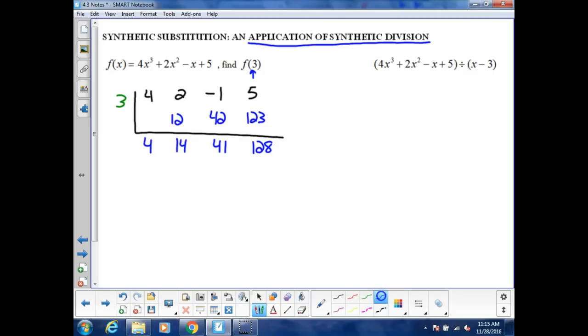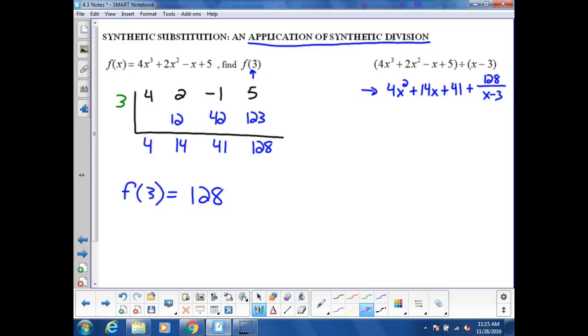So if I were dividing it, it would be 4x squared plus 14x plus 41 plus 128 over x minus 3. But if I'm using synthetic substitution, all I have to say is f of 3 is equal to 128.